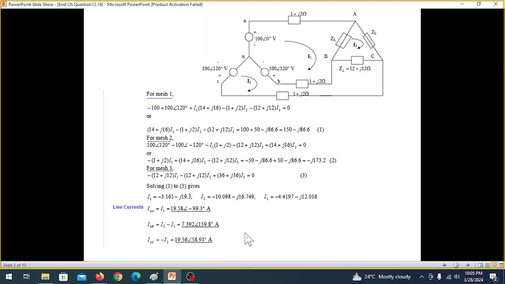Okay. The technique is good, but this is not a balanced circuit. In a balanced circuit, all three line currents should have the same magnitude. Only the angle should differ by 120 degrees. So the whole solution is wrong.